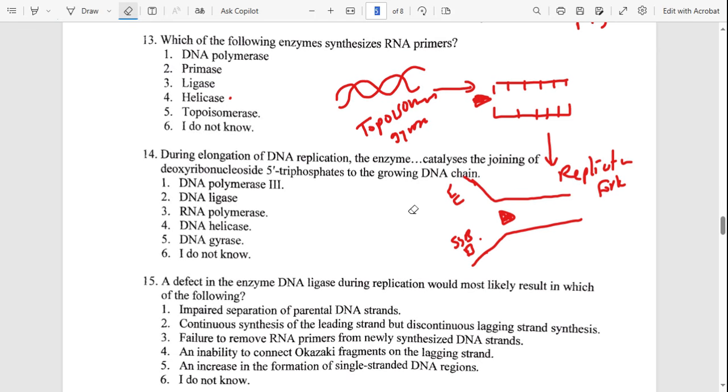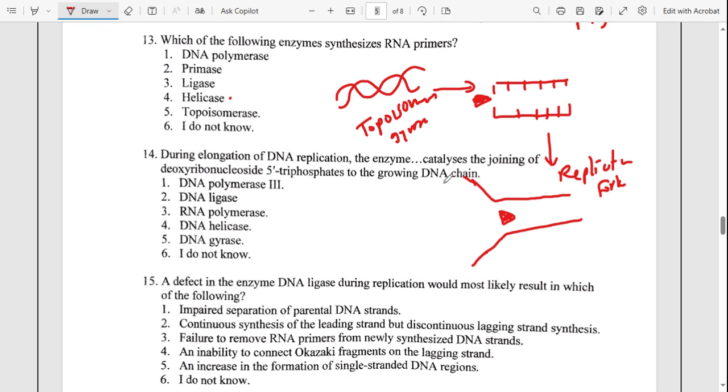But before DNA polymerase 3 comes in, you have primase. Now you have two strands here: the strand that is reading from 3' to 5', and the one running from 5' to 3'. The one from 3' to 5', we call the leading strand. The one from 5' to 3', we call the lagging strand.